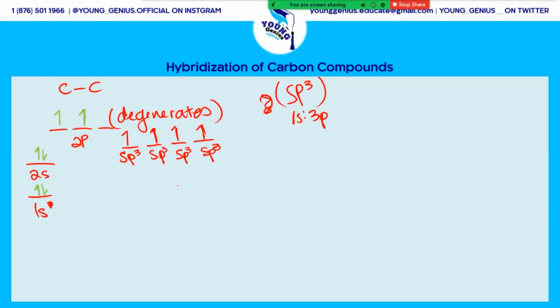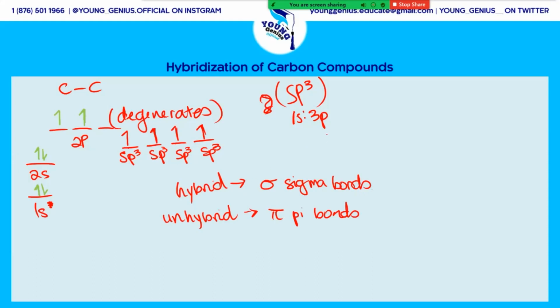Now, these hybridized orbitals, or hybrids for short, form sigma bonds, while the unhybridized orbitals are the ones that will form your pi bonds. I'm going to show you that now in the case of alkenes and alkynes.